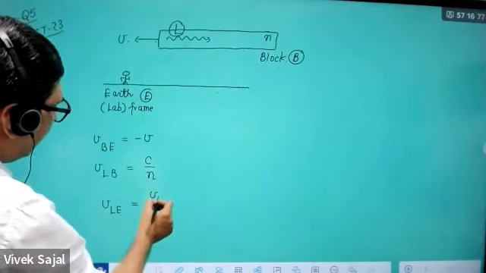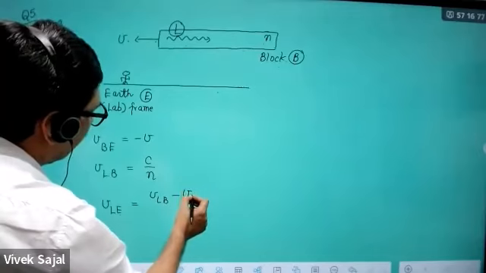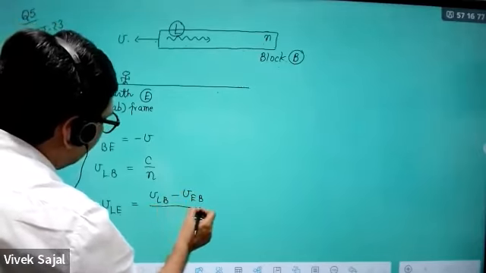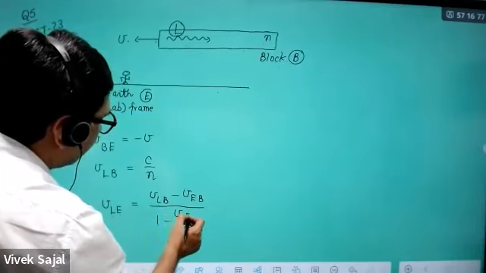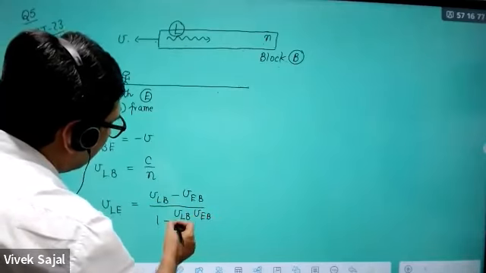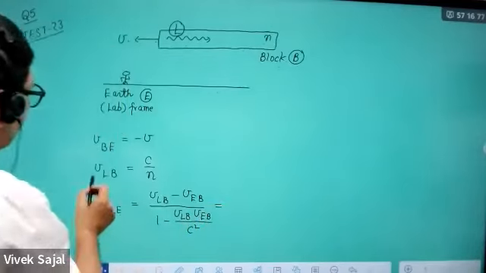So the velocity of the light with respect to block minus the velocity of the Earth with respect to block, divided by 1 minus the velocity of the light with respect to block times the velocity of the Earth with respect to block divided by c square. So whatever is given, substitute here.